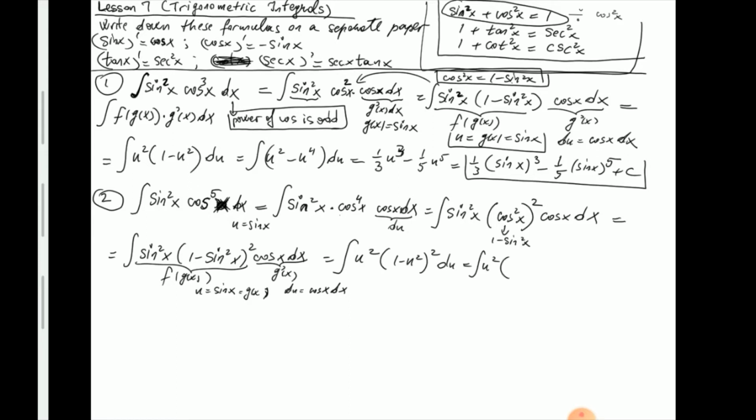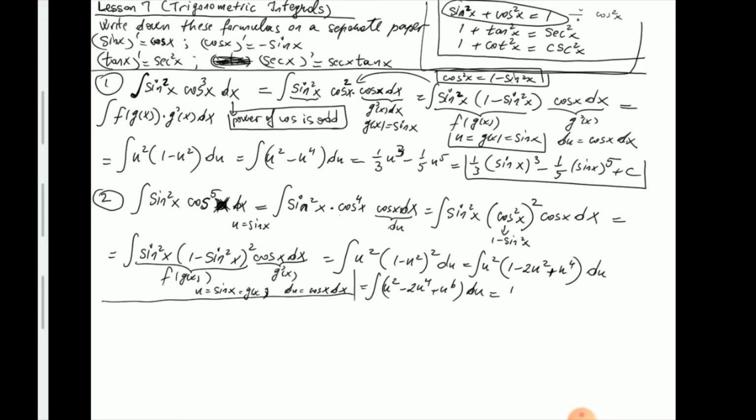When I raise this to the power 2, that's 1 minus 2u squared plus u to the power 4, du. And then I'm going to distribute. So it's going to be u squared minus 2u to the power 4 plus u to the power 6, du.